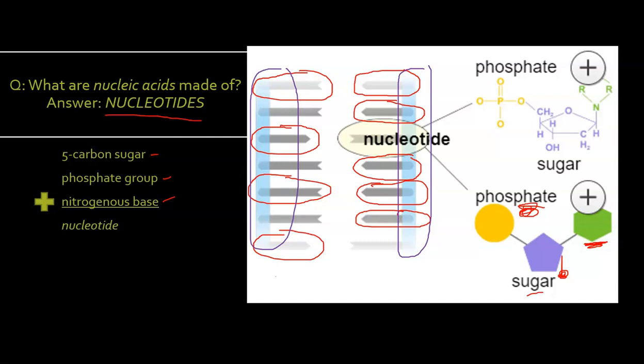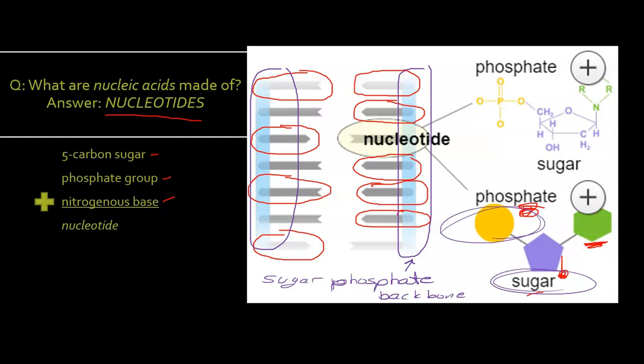Sugar, phosphate, that's a P, sugar phosphate backbone. So that blue strip is the backbone of the DNA. It's made out of the sugar of one nucleotide and the phosphate of another nucleotide.